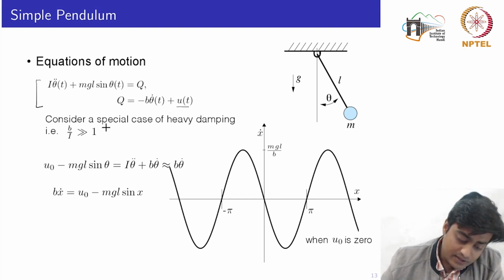Now if we consider the special case of heavy damping, that is B by I is very much greater than 1, then this relationship can be simplified to this equation.